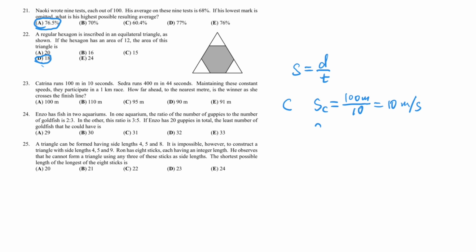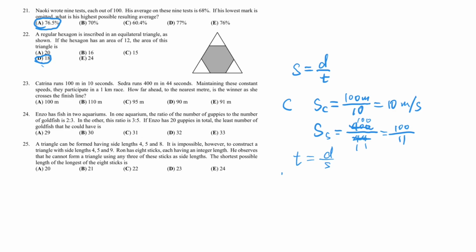For Sandra's speed, the distance is 400, time is 44 seconds. Cancel 4, that's 100 over 11. Time equals distance over speed.